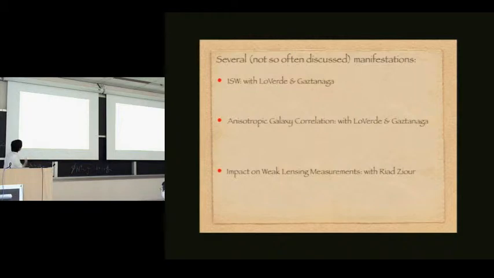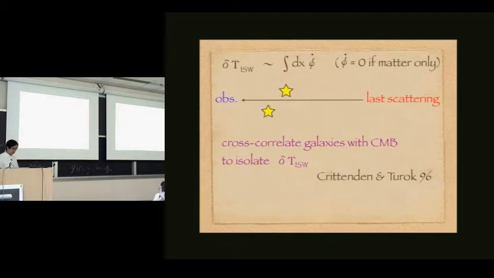The first is that magnification bias has a large impact on ISW measurements, integrated Sachs-Wolfe measurements. It's actually an order 1 effect in the following sense. Let me just step back. What are ISW measurements? This is the last scattering surface. This is the observer. You have galaxies down here.